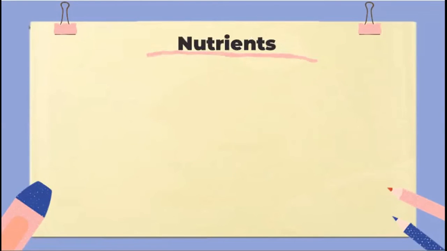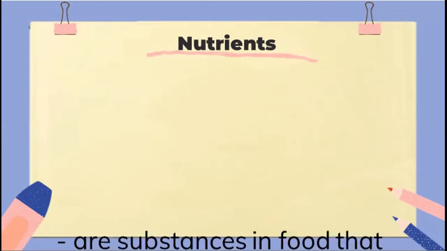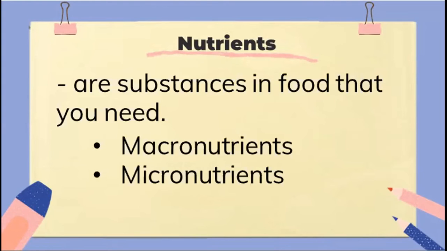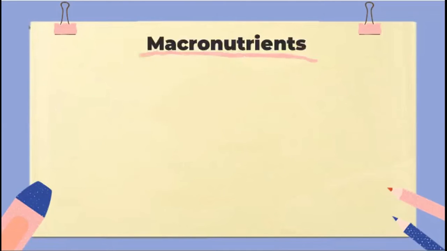So what do we mean by nutrients? These are substances in food that you need. It can either be macronutrients or micronutrients. Now let's talk about macronutrients first.